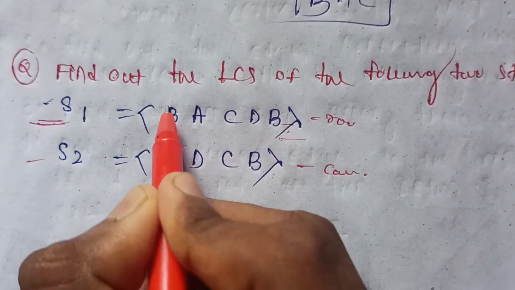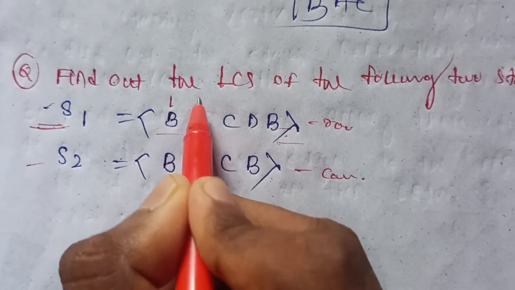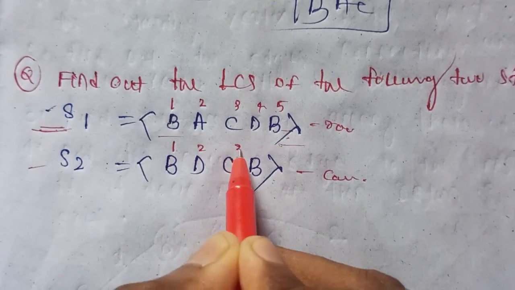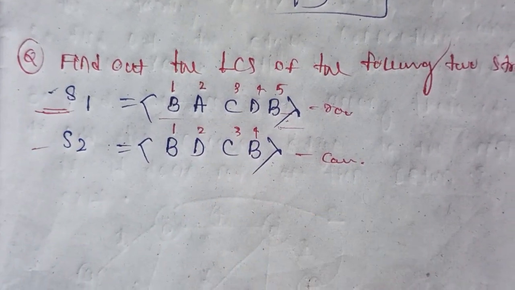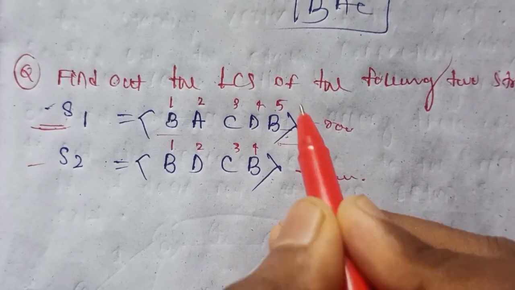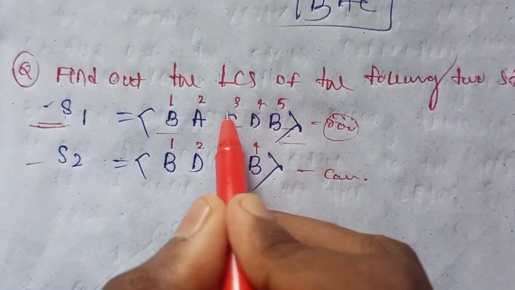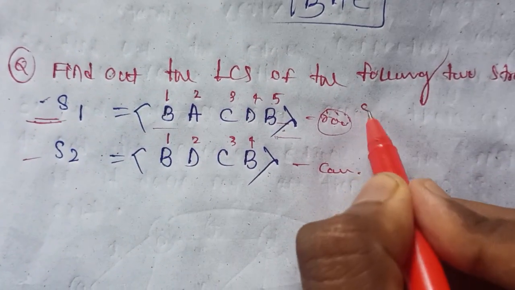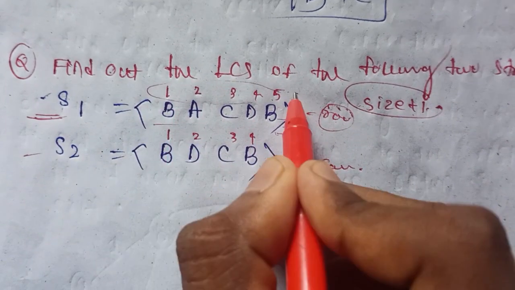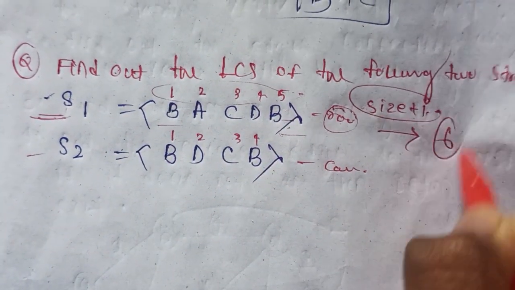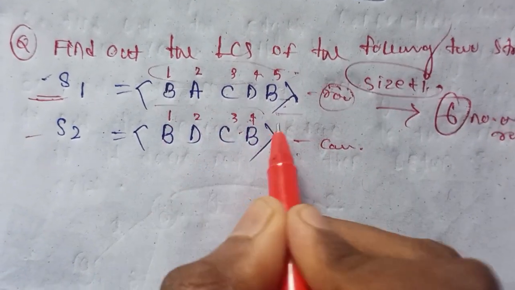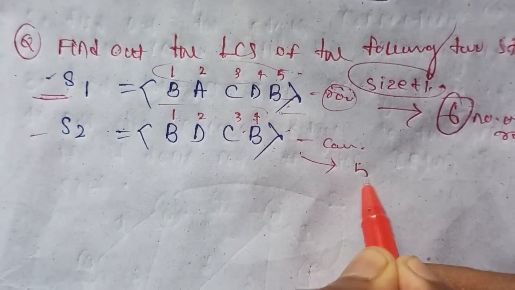The size of string s1 is 1, 2, 3, 4, 5, and the size of s2 is 1, 2, 3, 4. But when we draw the matrix, the number of rows must be the size of string 1 plus 1. The size is 5, so we have to draw 6 rows, and the size of s2 is 4, so we have to draw 5 columns.